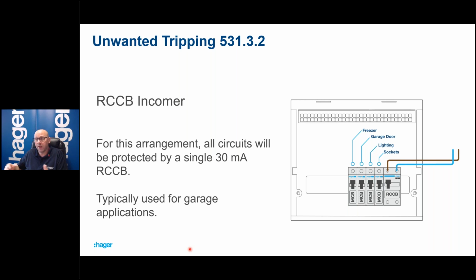Of course, you could be in a really big garage and it might be desirable to subdivide, but in many applications throughout the UK, this would be absolutely suitable, where you've got a couple of sockets, a bit of lighting, maybe a freezer in there. You're not going to build up that much leakage current that would affect the RCCB from an unwanted operation point of view.